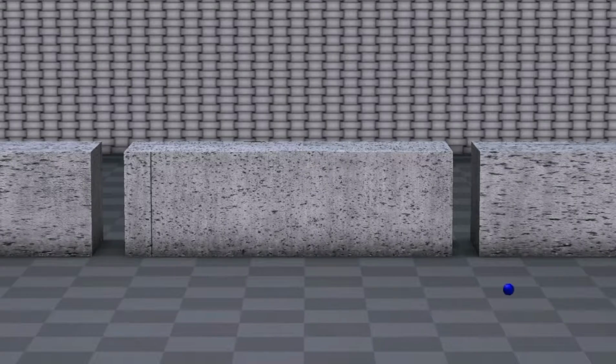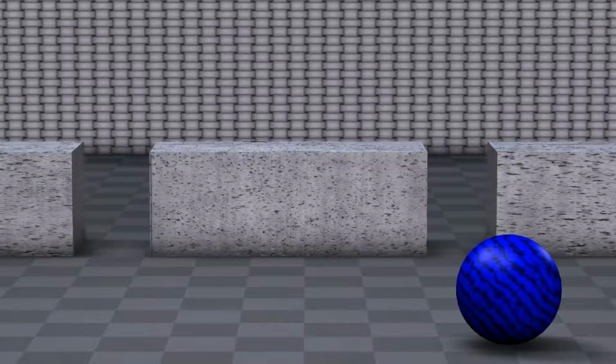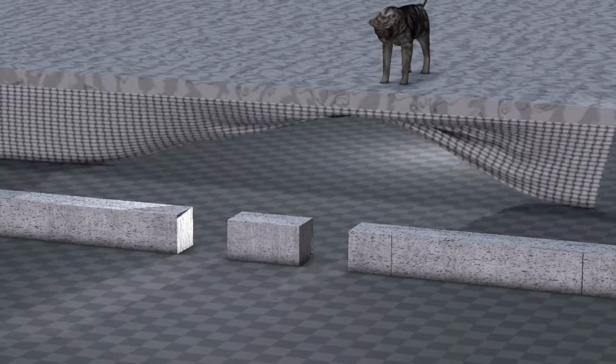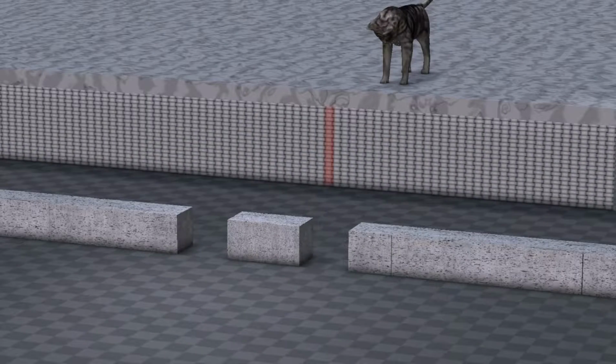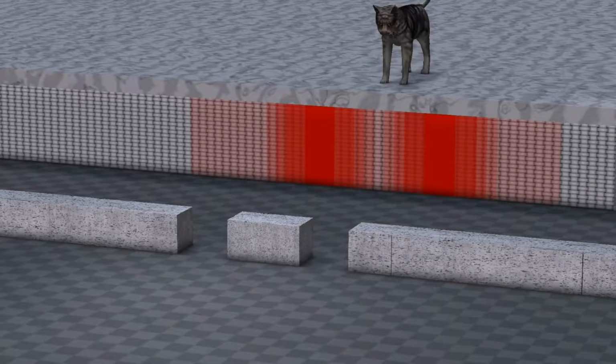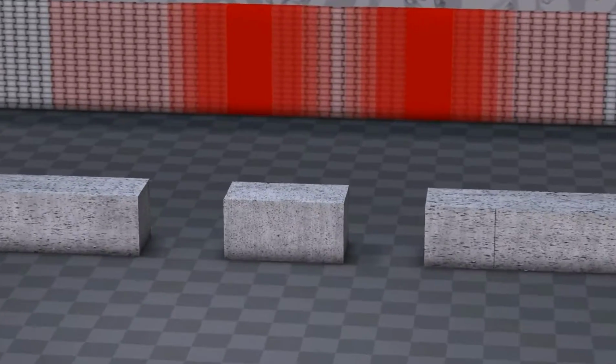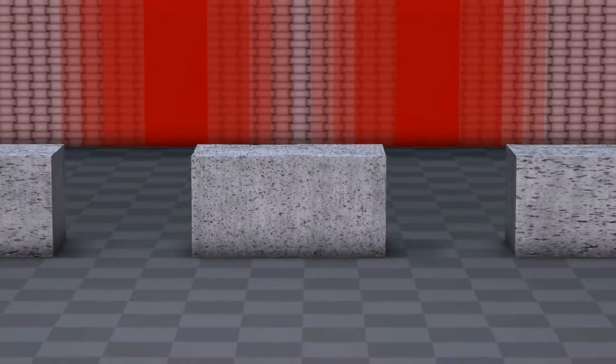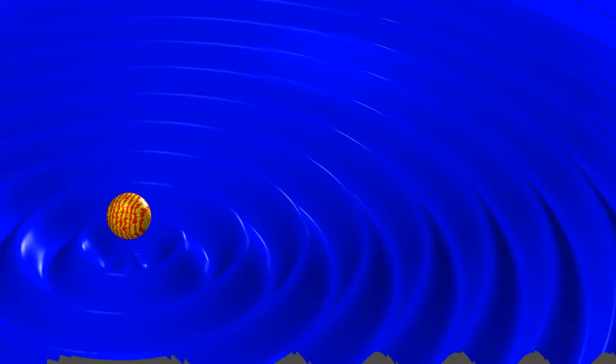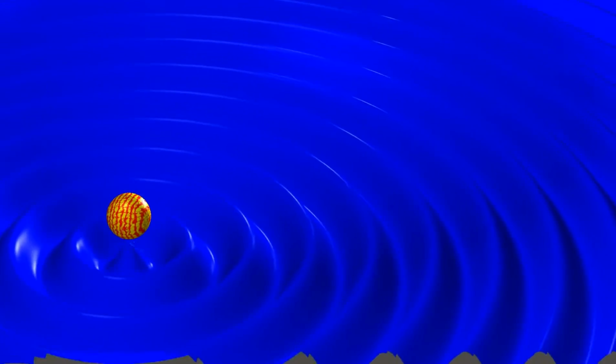But if all objects behave like waves, then why don't we see a striped pattern for the large marbles? Large objects have much more energy than small objects. Waves have more energy by having a higher frequency.